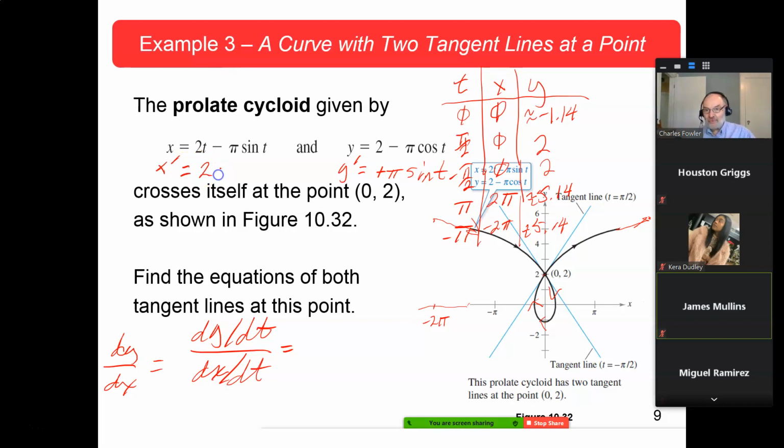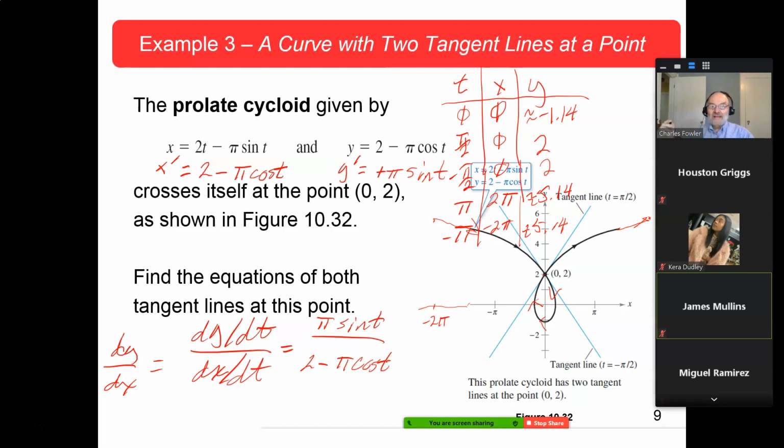That will be 2 minus pi times cosine of pi t, because the derivative of sine is cosine. Okay, and then we want to take the ratio of those, and that would be pi times the sine of t over 2 minus pi times the cosine of t.